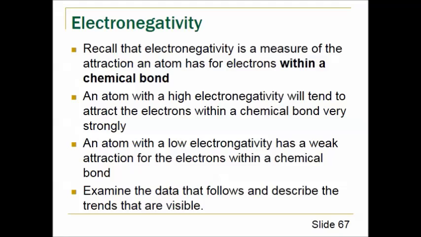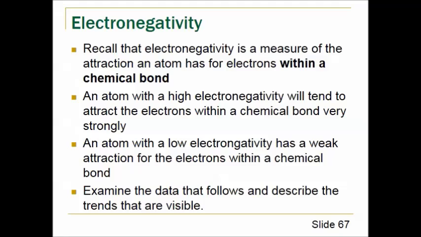Electronegativity is a little bit of a strange sounding word, but it's basically a measure of the attraction that an atom has for electrons within a chemical bond. So if two atoms are in a chemical bond, they're sharing some electrons, the attraction that an atom has for the electrons it's sharing with another atom, that attraction is measured by electronegativity.